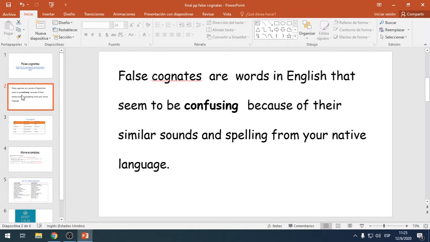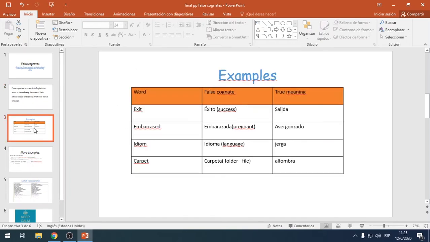It means there are some words that seem similar in your native language, so they tend to be confusing because you think that because of the sound they mean the same.